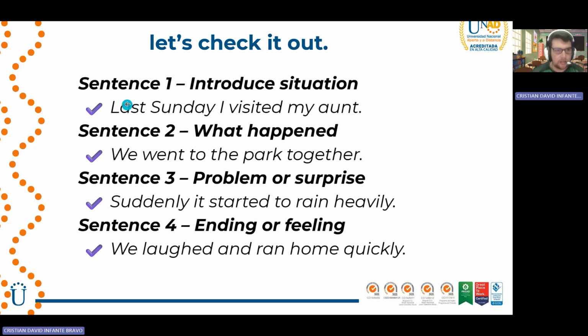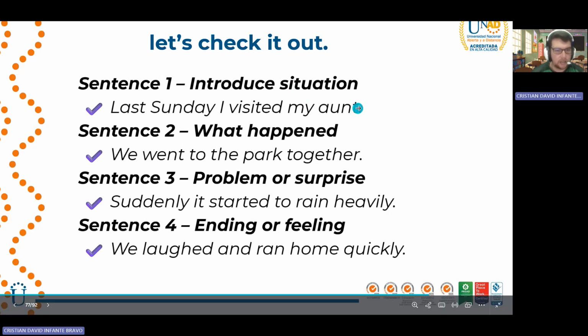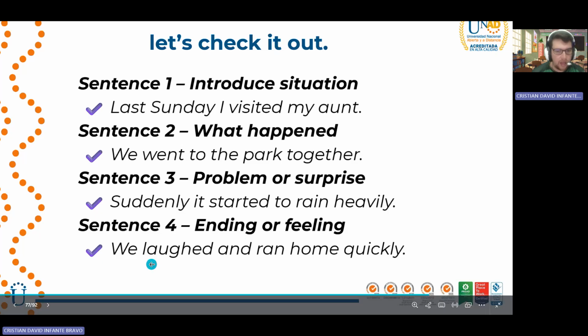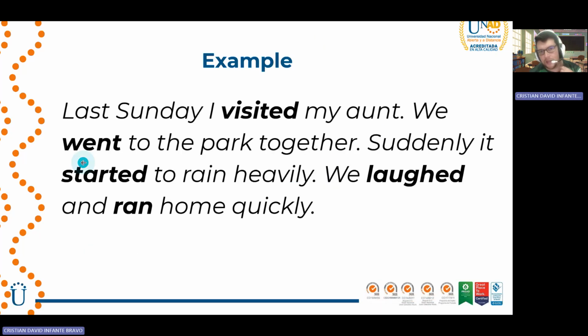For example, sentence one, introduce the situation: Last Sunday I visited my aunt. So check, it is correct. Sentence two, what happened? We went to the park together. Checked. Sentence 3, problem or surprise: Suddenly it started to rain heavily. And sentence 4, ending or feeling: We laughed and ran home quickly. So I think this example was correct.